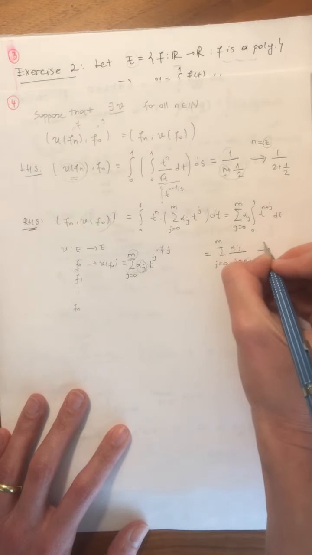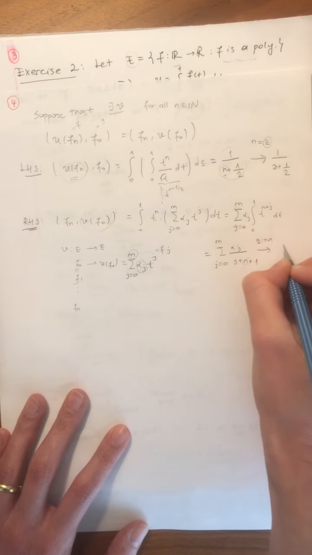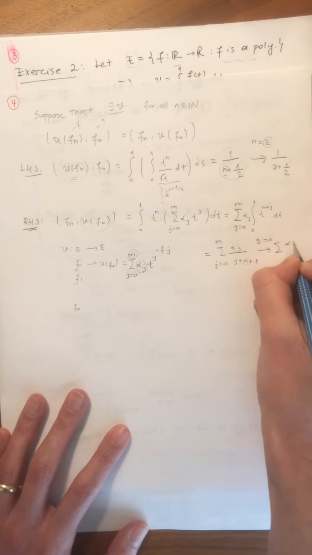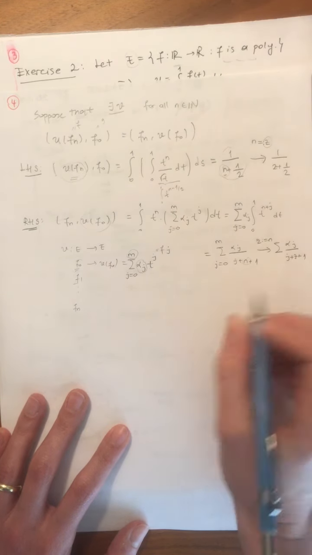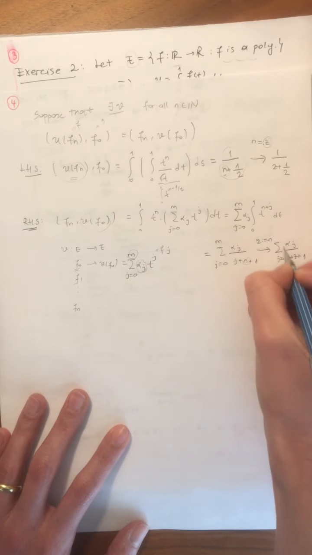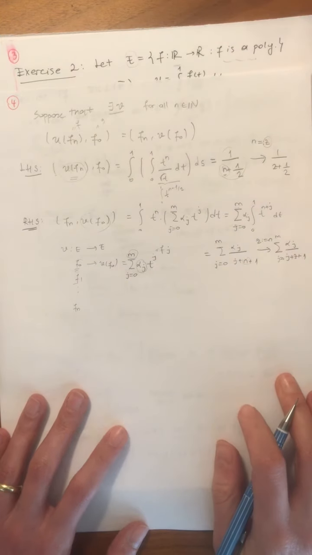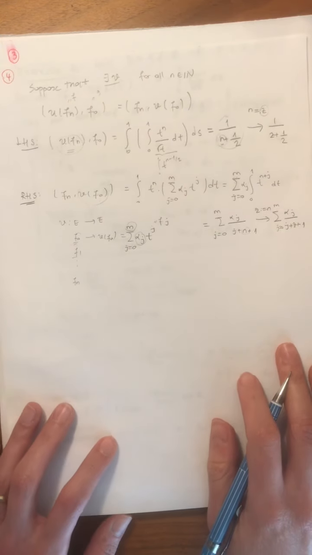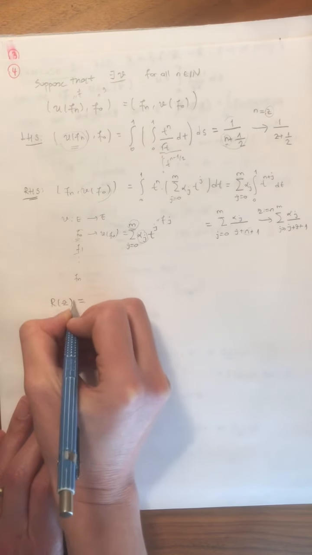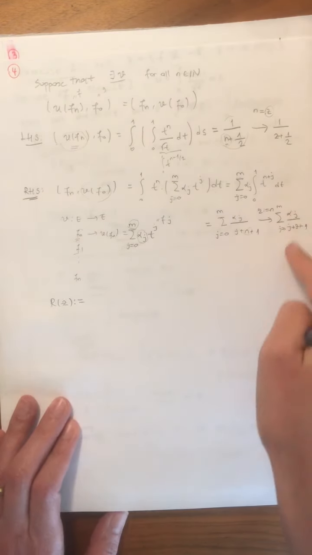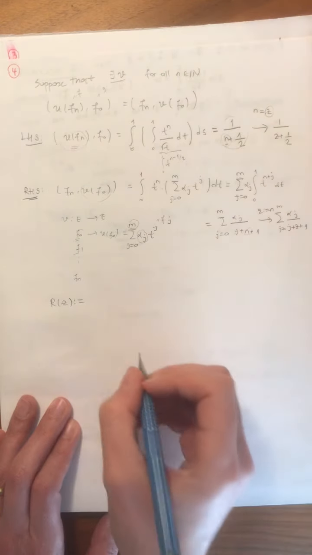And for this, again, the same interpretation. We now see these terms as functionals. And in fact, let me define R of z as the difference of these two rational functionals.